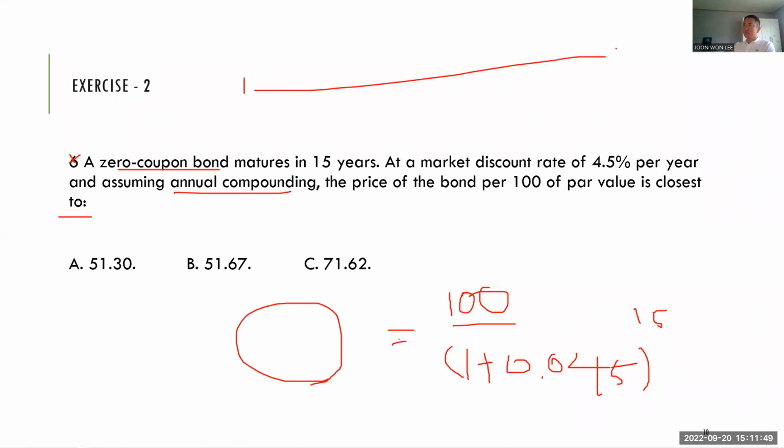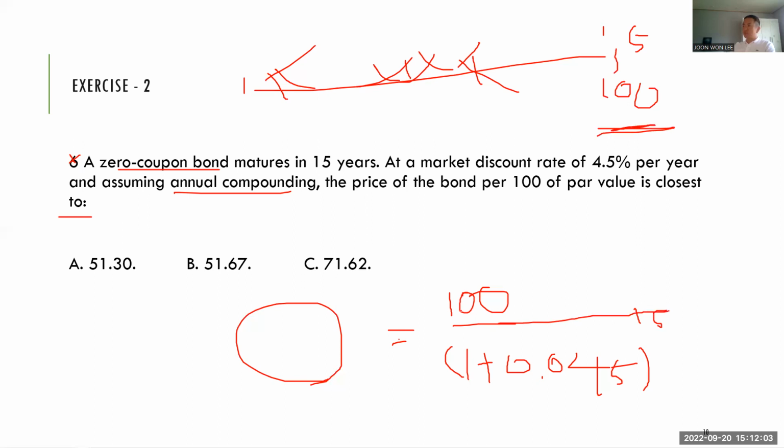There is no coupon payment. We only receive $100 in 15 years. That's the only cash flow. So you just need to discount $100 at this rate 15 times.